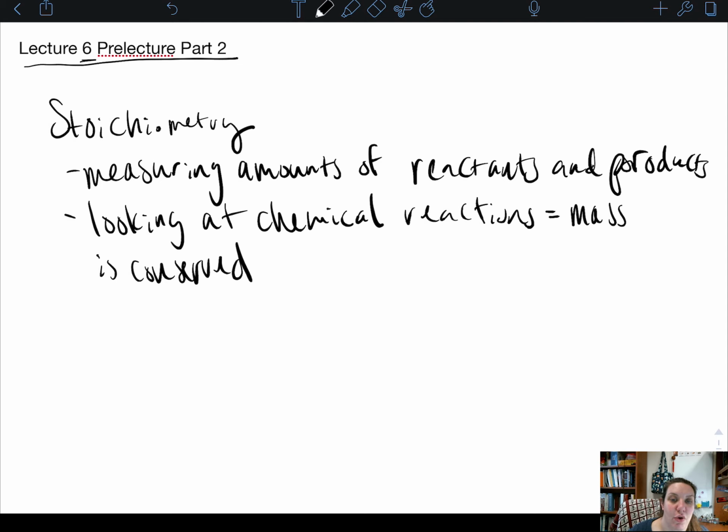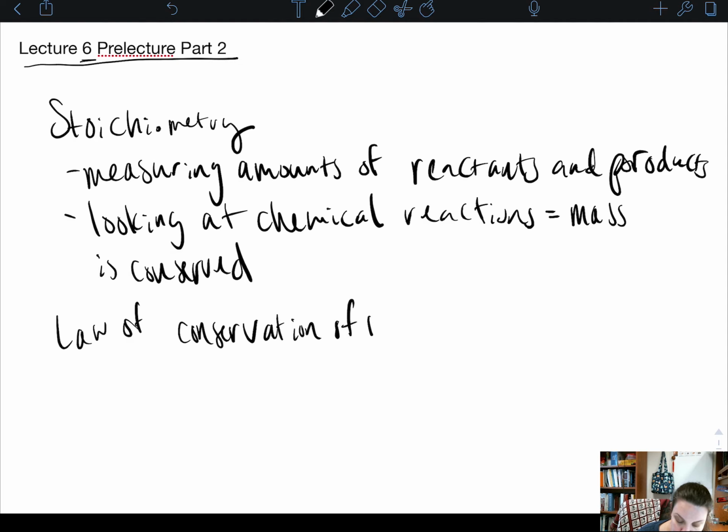So we're going to look at our law of conservation of mass and energy, which is that mass can neither be created nor destroyed in a chemical reaction, but we will have a conservation of both mass and energy.